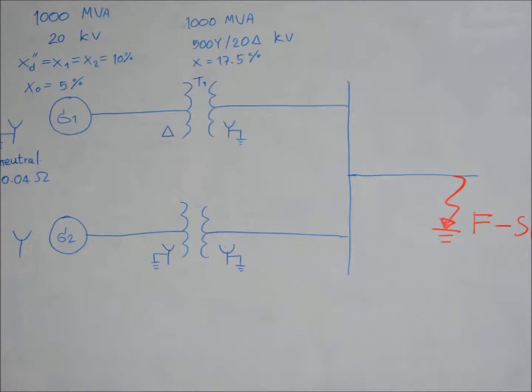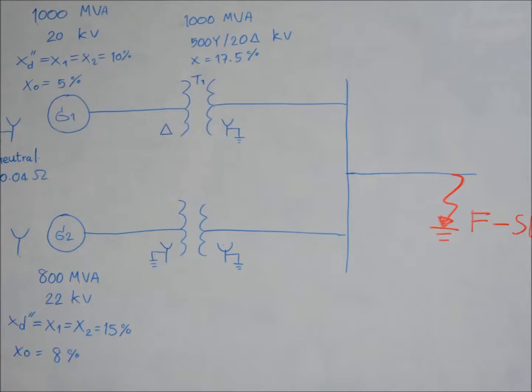T1 is 1000 MVA, 500 star and 20 delta kV, impedance is 17.5%. T2 is 800 MVA, 500 star and 22 star kV, impedance is 16%.